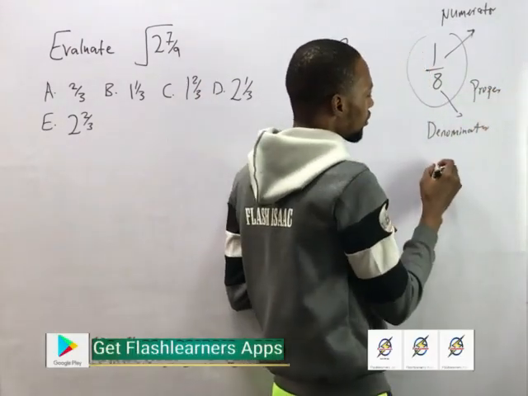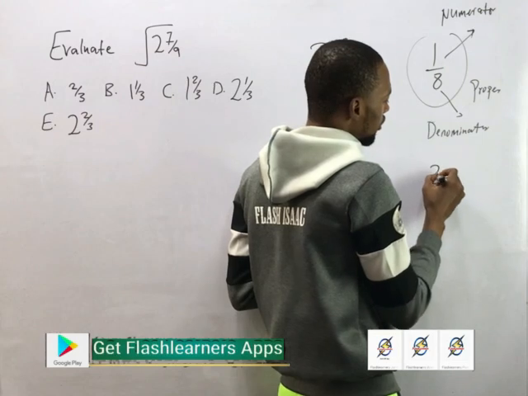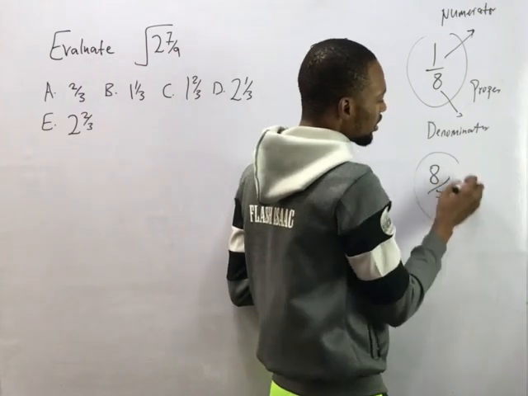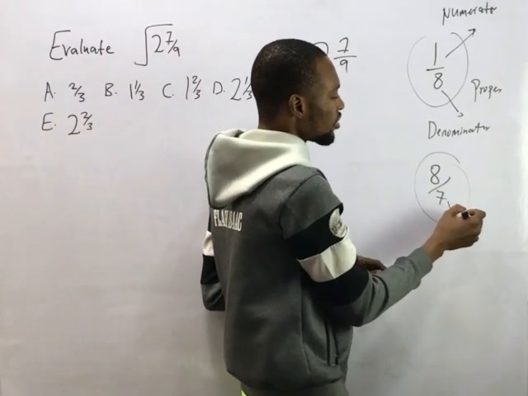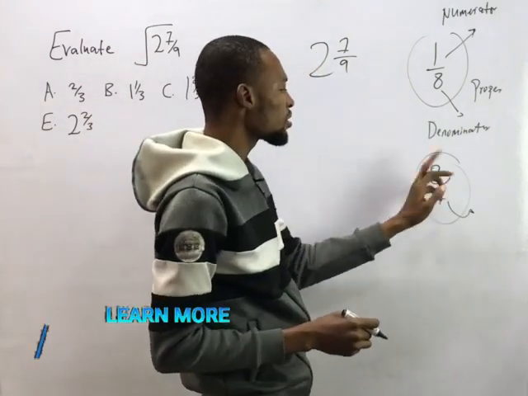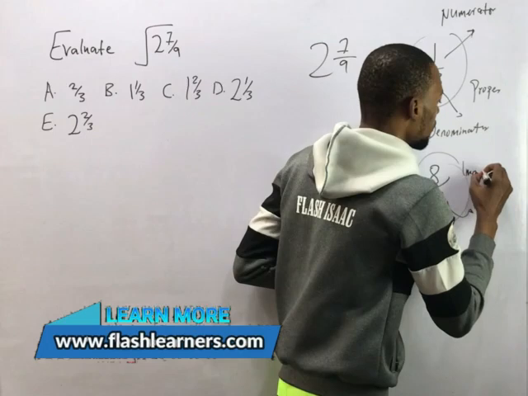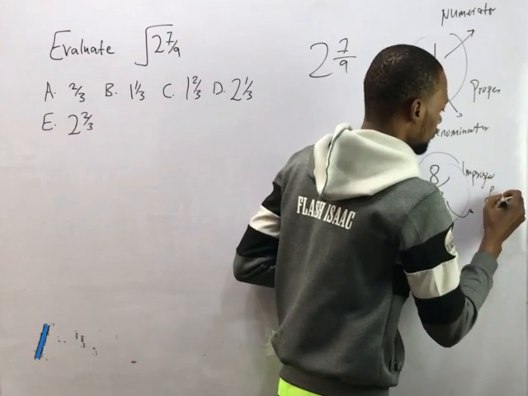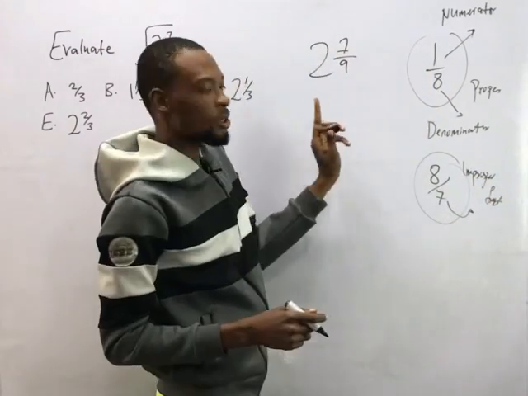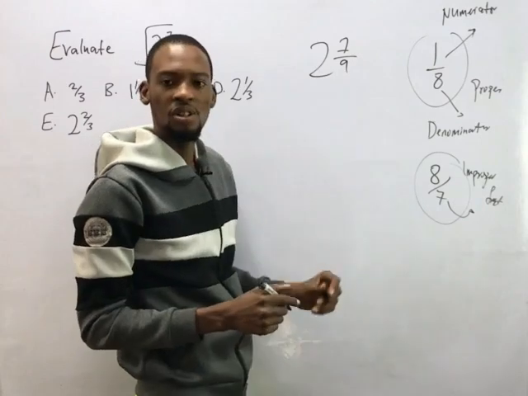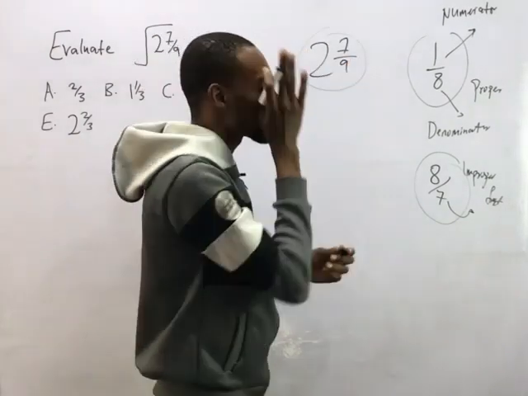If you have 8/7, the numerator is bigger than the denominator. It is an improper fraction. Now, once you have a whole number and a fraction, it is called a mixed fraction.